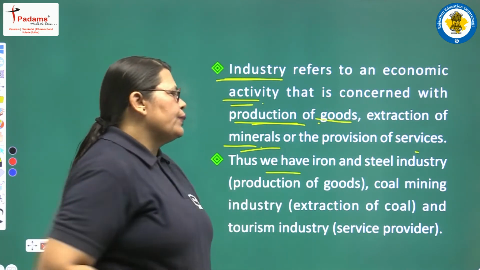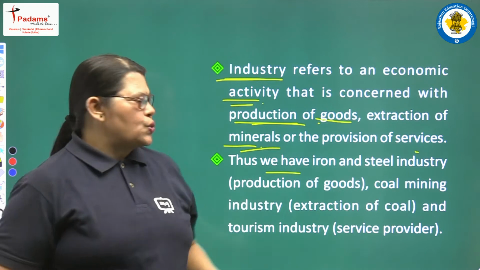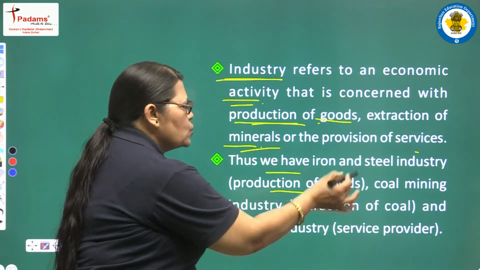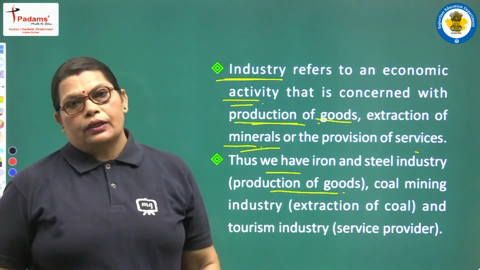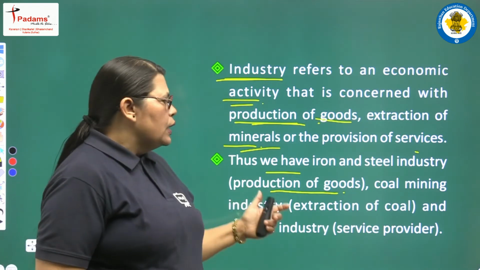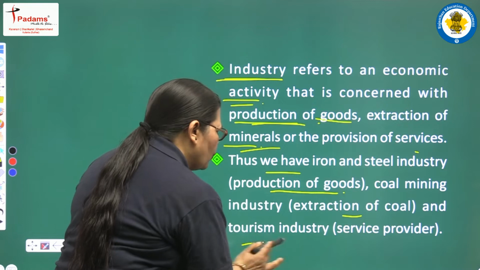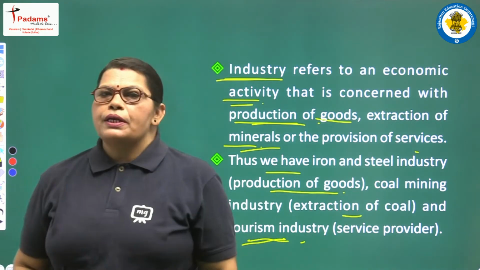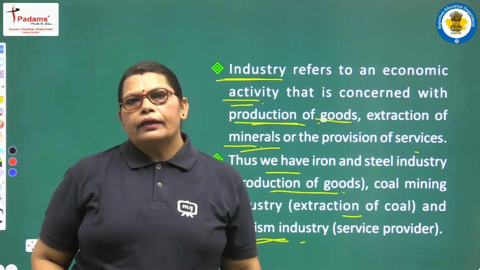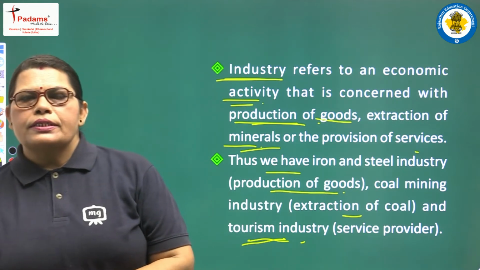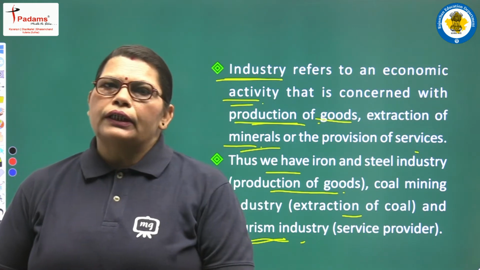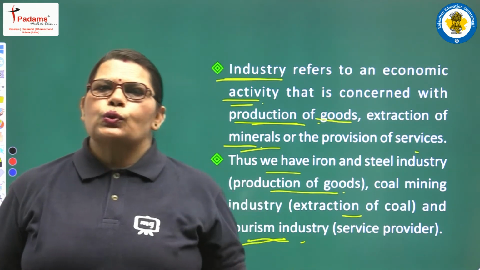Thus we have the iron and steel industry, which is production of goods, and coal mine industries. In the coal mine industries, we all know there is extraction of coal. And when we are talking about the tourism industry, it means a service provider industry. Many tour and travel agencies are there, and all these are service providers to the people.